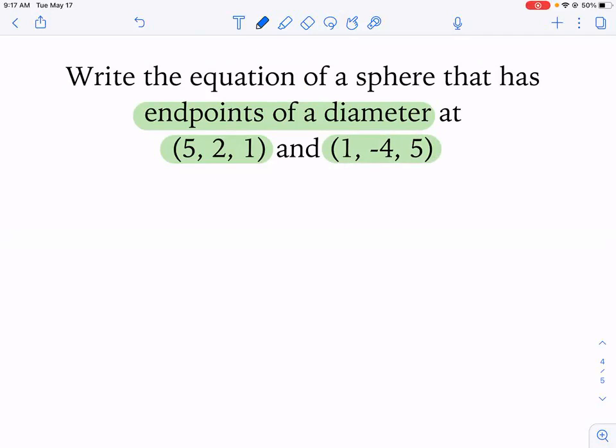Okay, if we find the midpoint, we would know the center. With the center, we can use the distance from center to endpoint to find the radius. This is a great idea, Mallory. All right, so let's find the midpoint first.